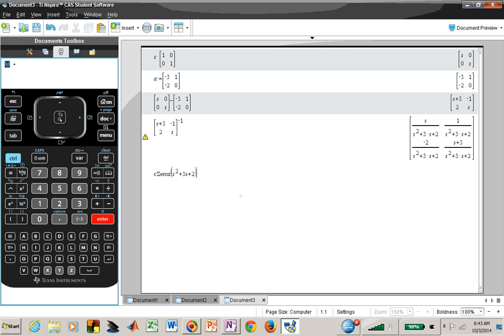And I have to tell it what the variable is, which is comma s. So it's minus 2 and minus 1.